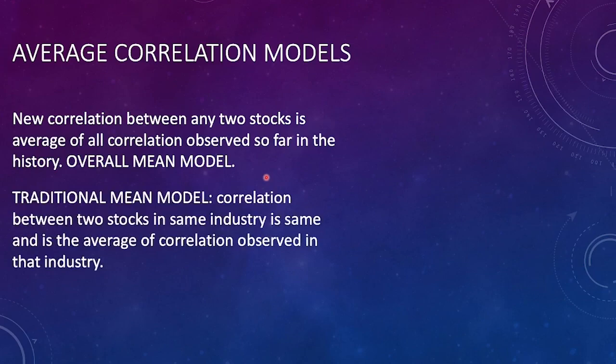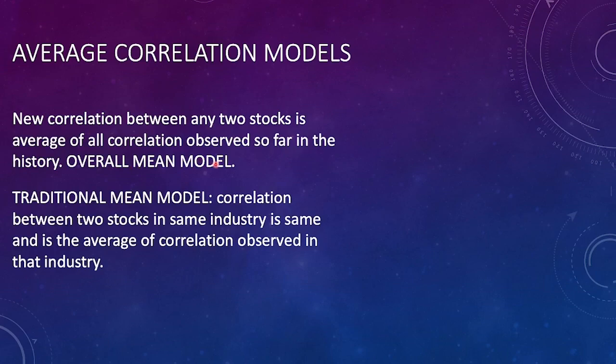Then, based on that, people tried to improve it and said let's consider something called the traditional mean model, where we assume that the correlations between stocks are the same for stocks which belong to the same industry. Let's say there are two stocks which belong to the healthcare industry.